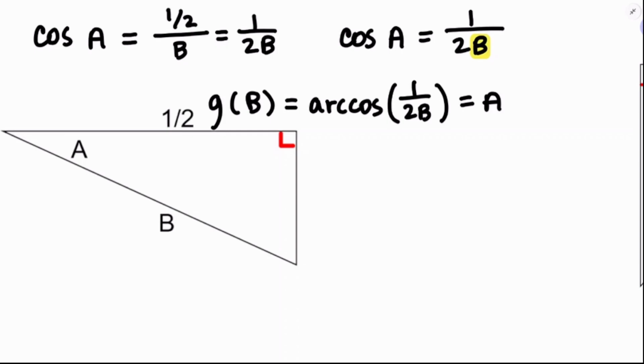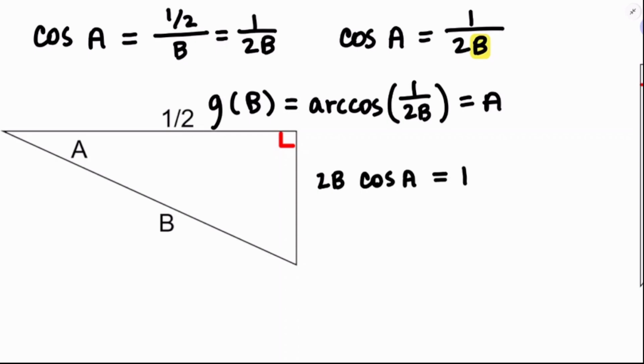I'm going to start by multiplying both sides of the equation by 2B, because I think that's what y'all would think to do first. Me personally, I would want to flip both sides of the equation and say 2B equals 1 over cosine A, but I know a lot of students don't think to do that. So I'm going to say 2B times the cosine of A is equal to 1.